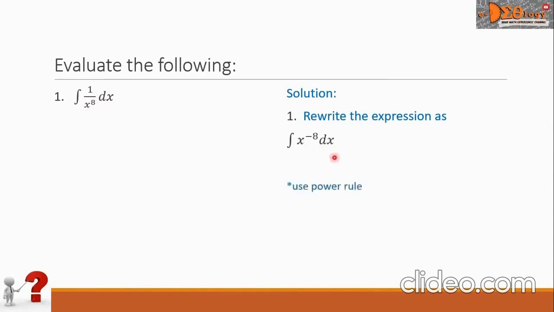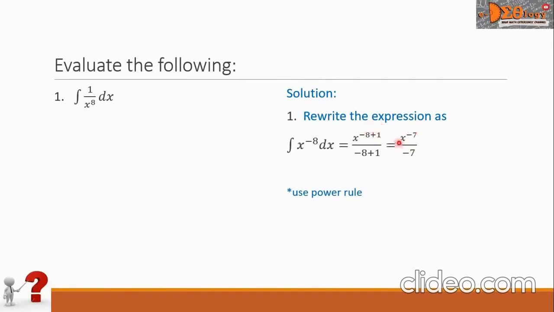From here, we're going to use the power rule. This is now equal to x raised to negative 8 plus 1 all over the denominator, negative 8 plus 1. Simplifying our exponent, negative 8 plus 1 is negative 7.